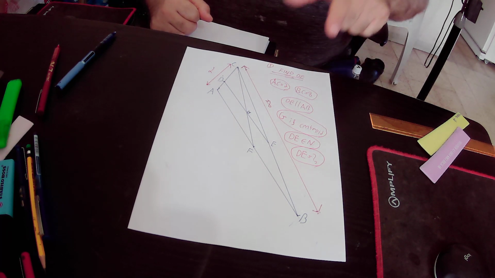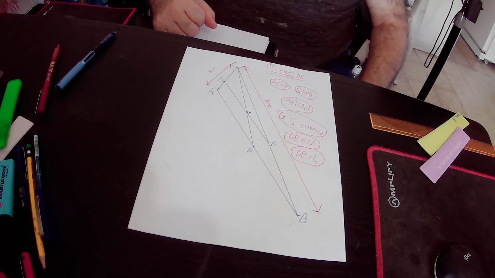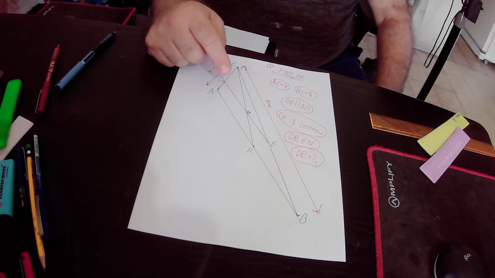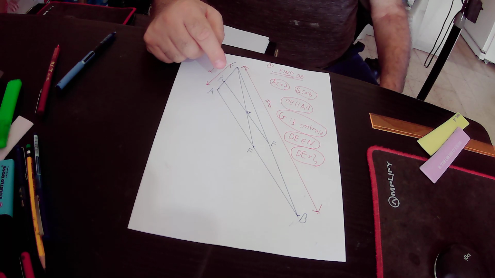We also know that DE is parallel to AB, and G is the centroid of triangle ABC. What is a centroid? The centroid is the point where the three medians of the triangle intersect each other.